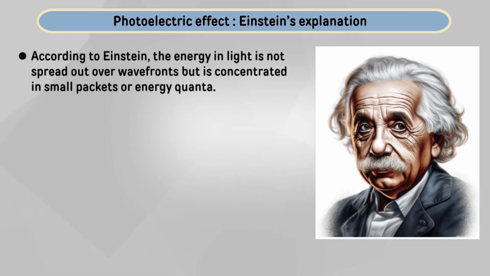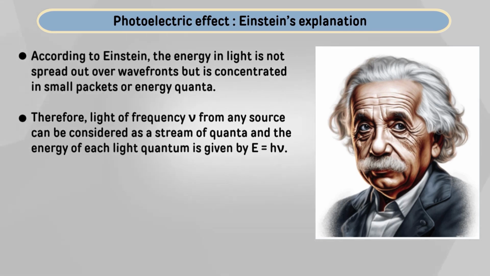This explanation was given in 1905, and according to Einstein, the energy in light is not spread over the wavefront, but is concentrated in small packets or energy quanta. Therefore, light of frequency nu from any source can be considered as a stream of quanta, and the energy of each light quantum is given by E equals h nu.